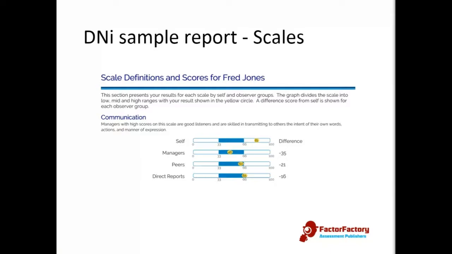So that may be something to think about and to talk to them about. Why does the manager see them as perhaps not being as good of a communicator? Peers are a little higher, and direct reports are even higher, but still a pretty large gap. So as you look at this individual, you may say, hey, there might be an opportunity here to improve communication and to talk to them perhaps about setting a goal in this area to work on it because of this feedback and some of the gaps we see.